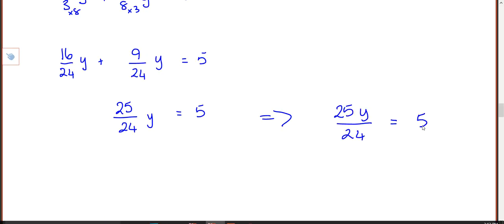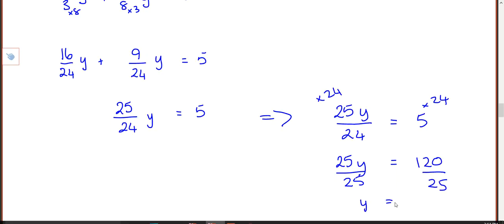Now it might make more sense that if I times both sides by 24, I get 25y equals 120. I then divide through by 25, and I get 1y equals 4.8. Or 4 and 4/5. And 4/5 is 0.8, yeah.